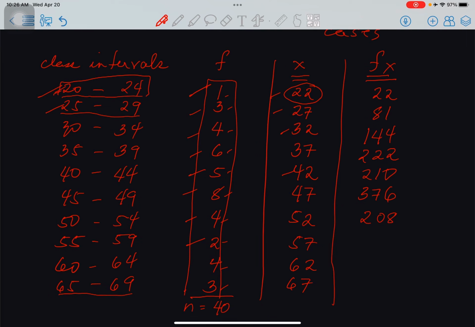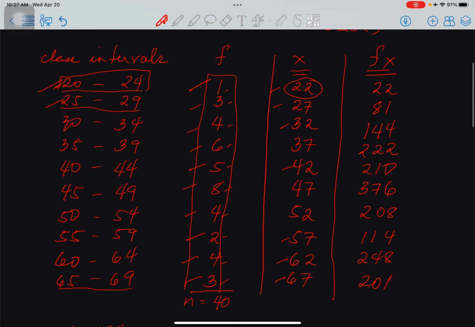Then 2 times 57, we have 114. Then 4 times 62, that is equal to 248. Then 3 times 67, that's equal to 201.